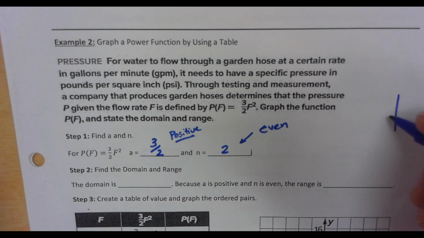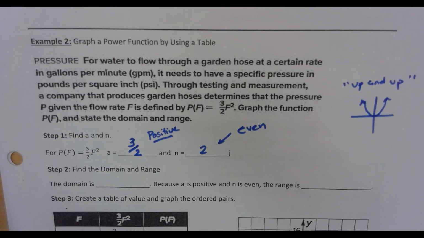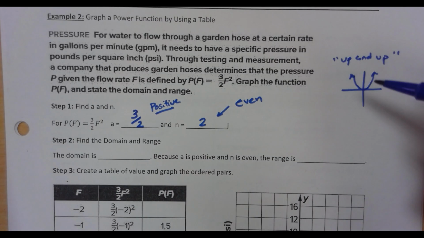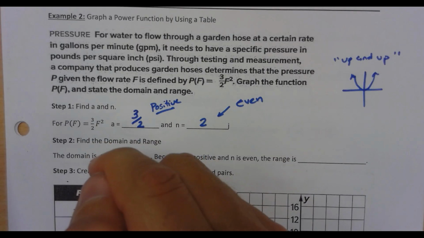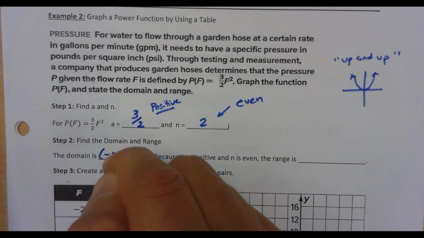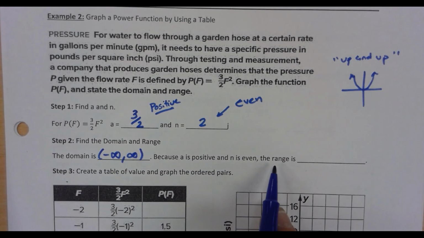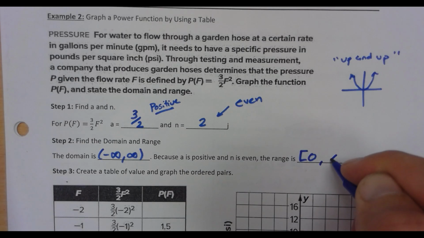If I'm just thinking about that, up and up. All right, so find the domain. We don't even have to graph it yet. We can find the domain just using this. The domain is negative infinity to infinity. Because A is positive and N is even, the range is 0 to infinity.